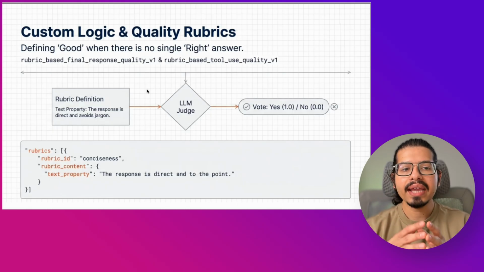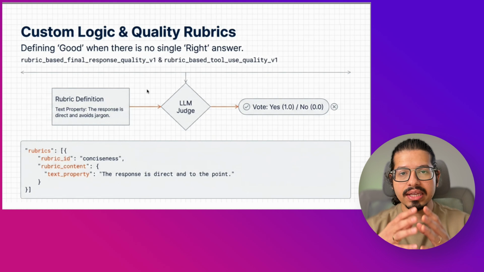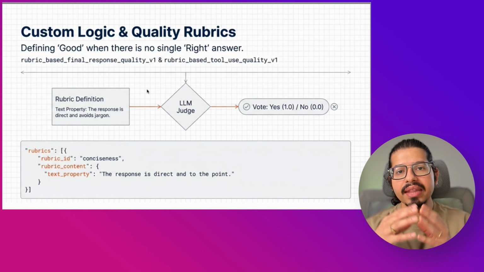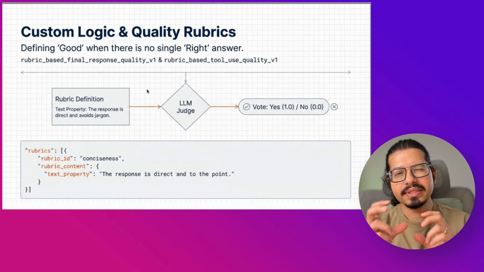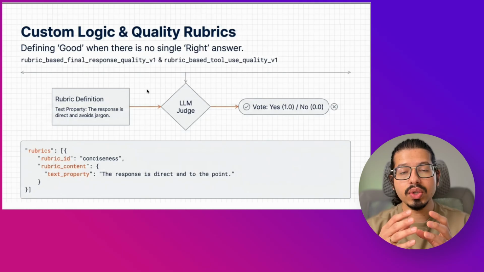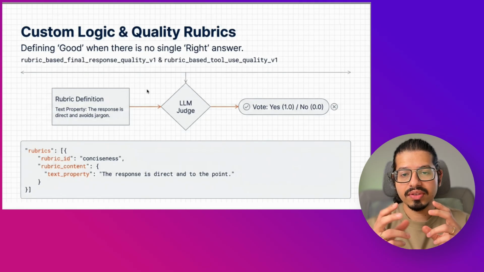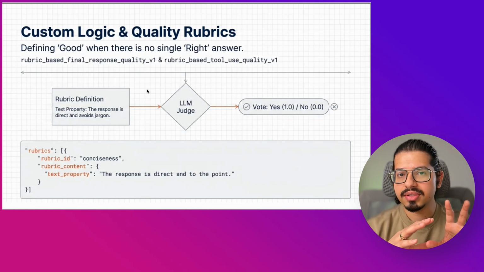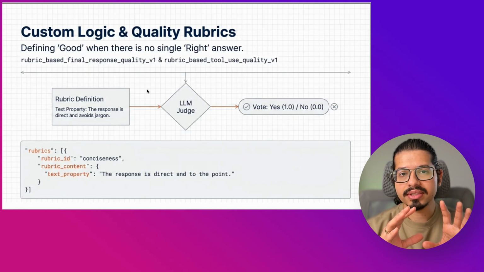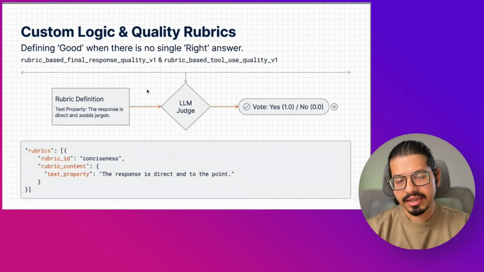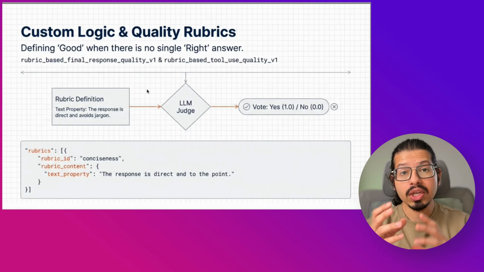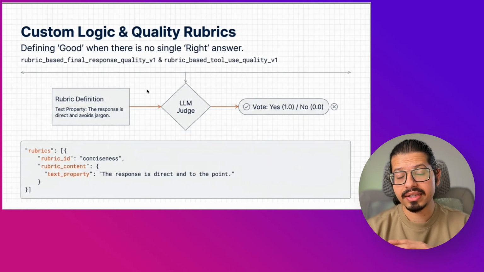The LLM then acts as a judge and votes yes or no. And this allows us to encode subjective product standards into measurable criteria. So if you see, these are actually subjective standards. But because of these rubrics and evaluation, we are able to measure these criteria. This is more of evaluating the quality versus the actual correctness.